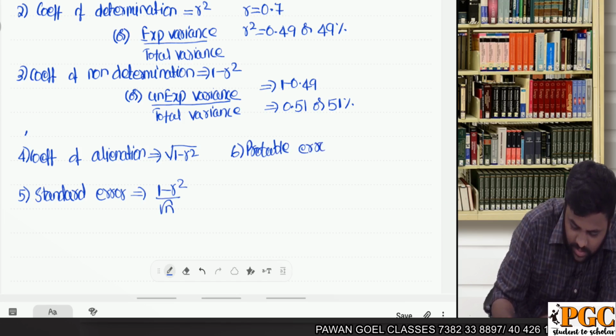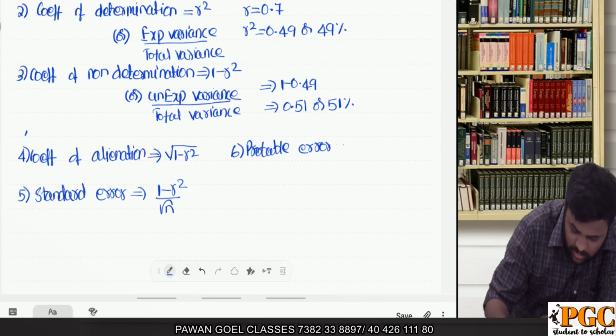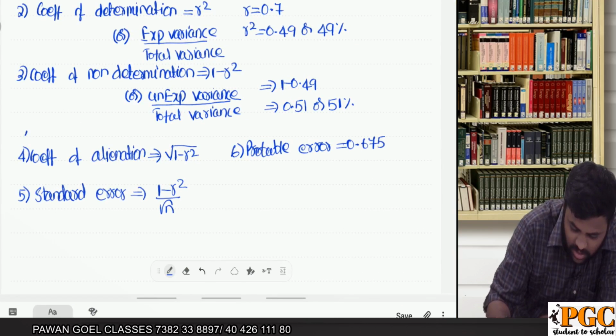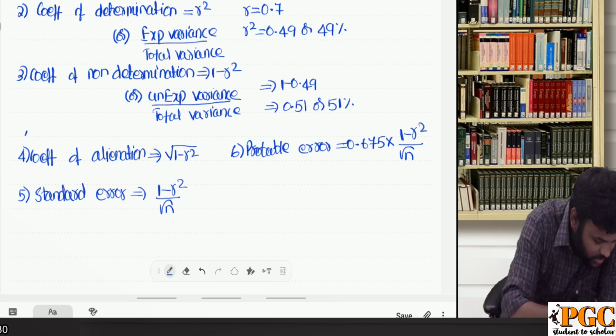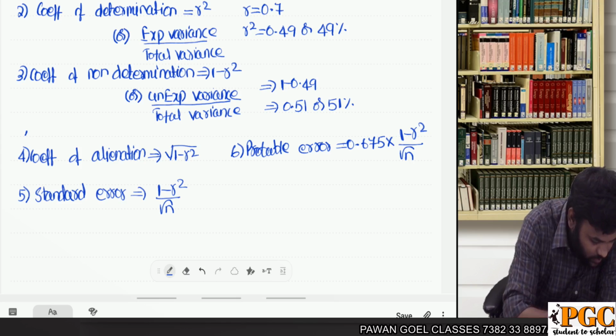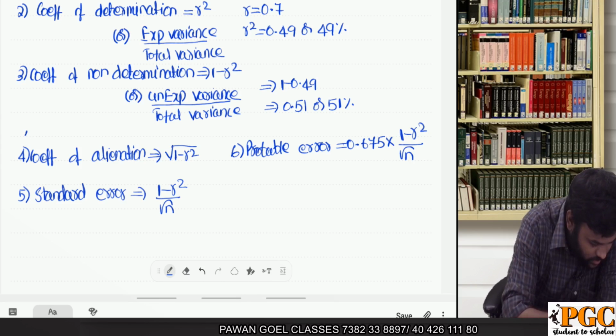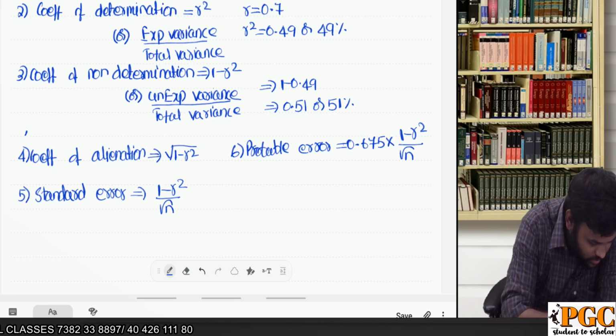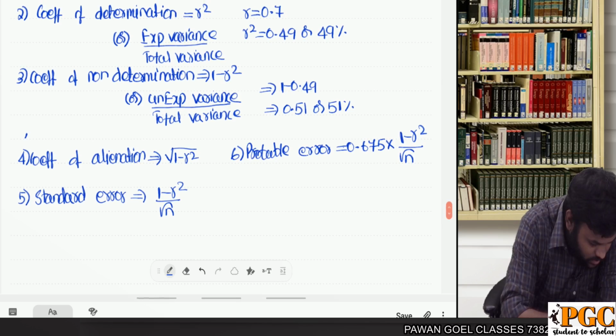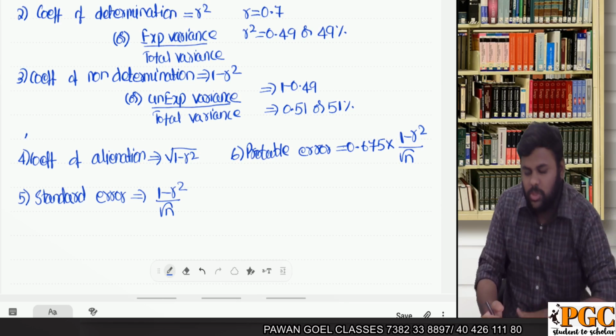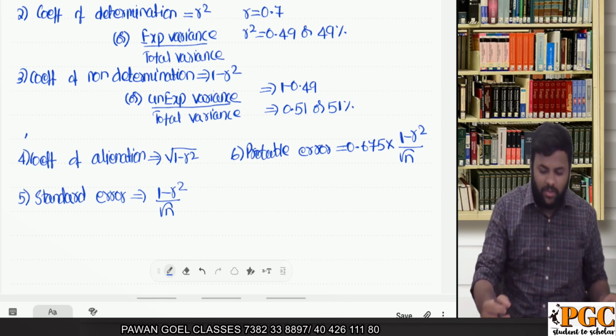Probable error is 0.675 into 1 minus r square divided by root n. One minute, my dear friends. So it is supposed to be 0.675 into 1 minus r square divided by root n.